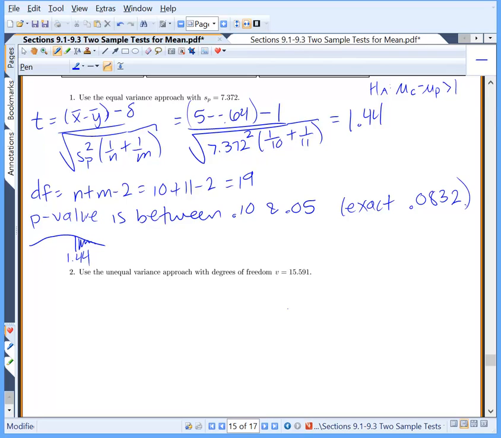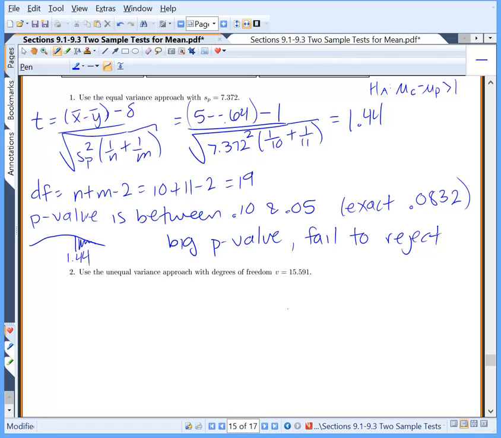Well, that p-value is bigger than our alpha of 0.05, so this is a big p-value, and we will fail to reject. So that's how you do the problem with equal variances.